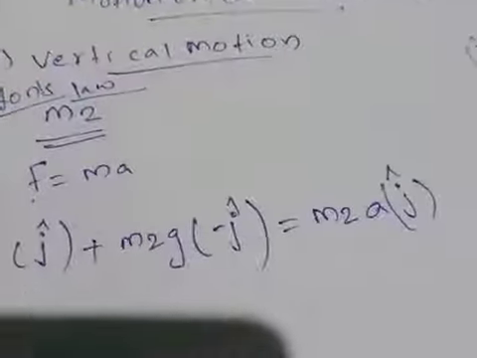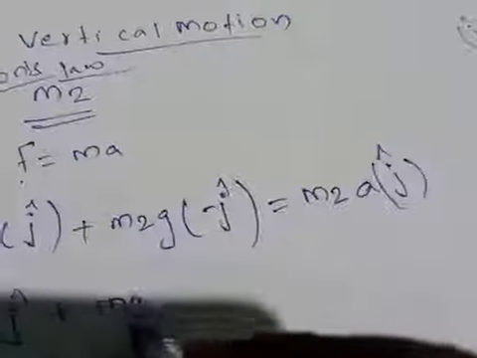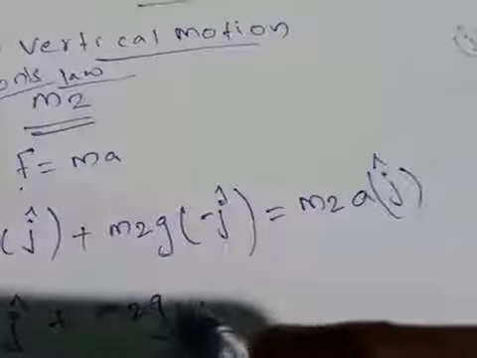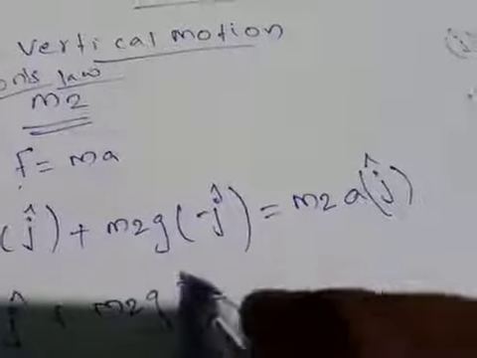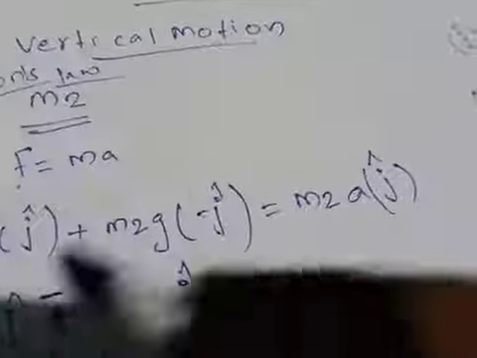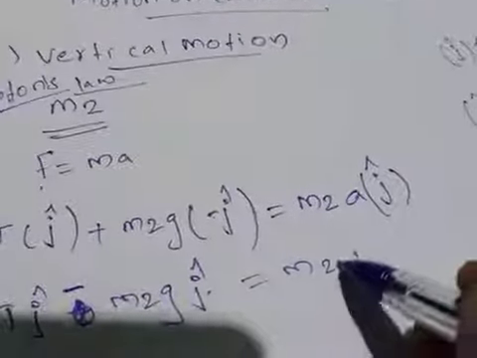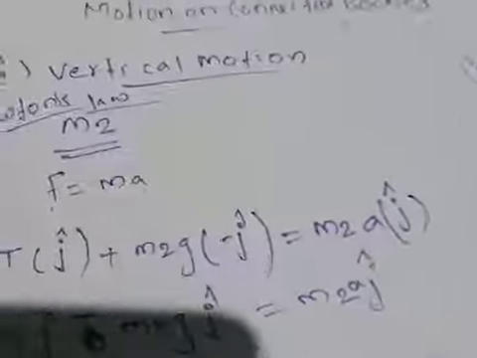So you can write T j unit vector plus M2 g j unit vector. You can take this minus here so that the minus will come. So equal to M2 a j unit vector.